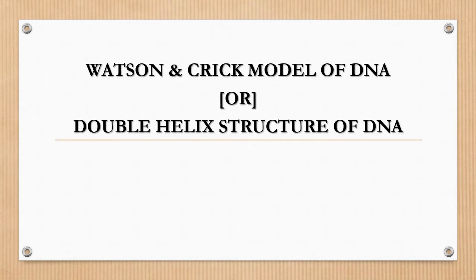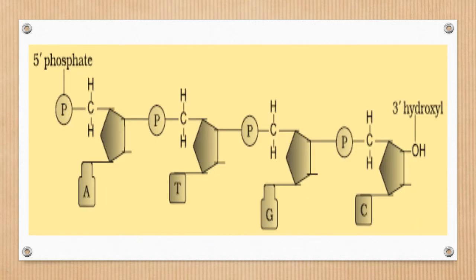Let's study the Watson and Crick model of DNA, or double helix structure of DNA. Recollect from the previous video, we discussed that a nucleotide is equal to sugar molecule plus nitrogen base plus phosphate group.